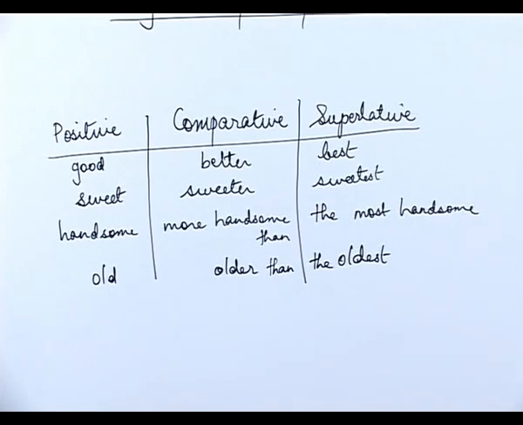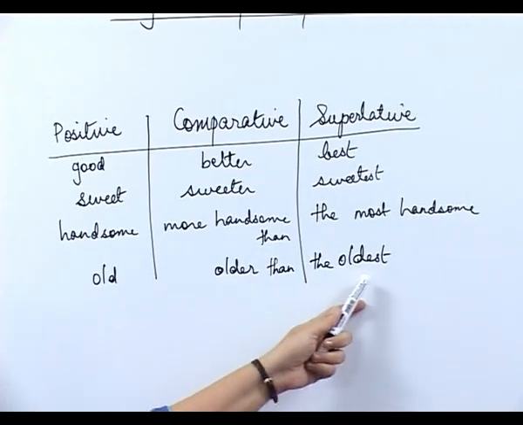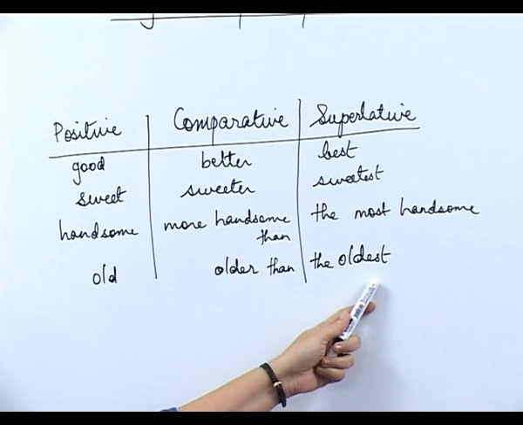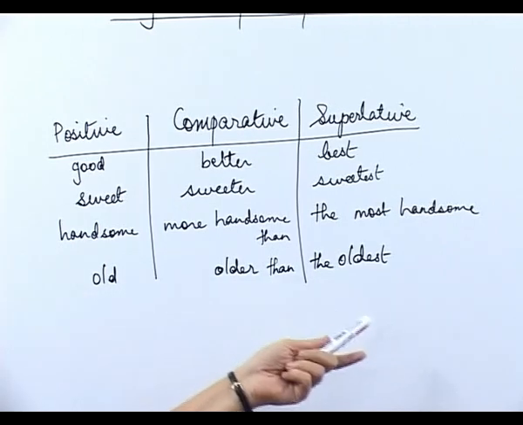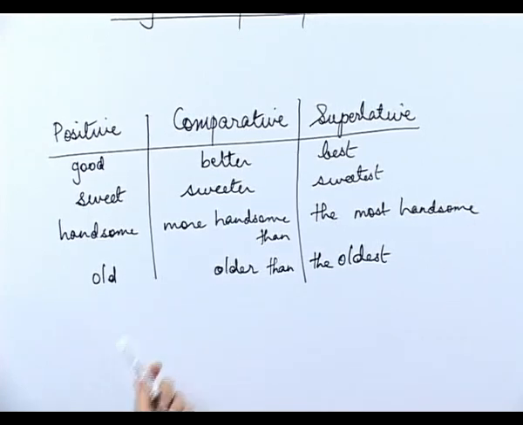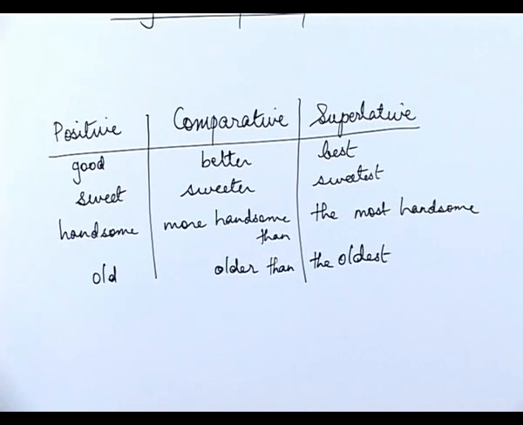But if you're not using it as a degree of comparison, and if you just want to say my elder sister is getting married, my eldest sister is getting married, then you will not use elder, eldest as a degree of comparison.